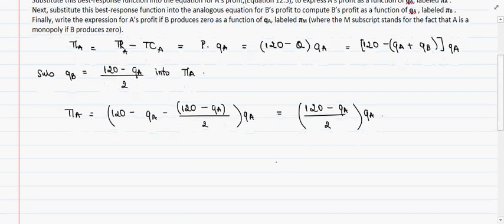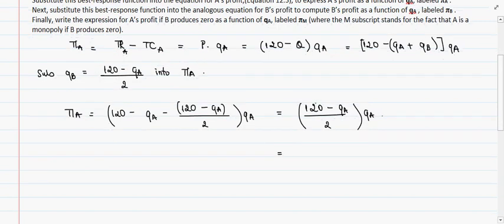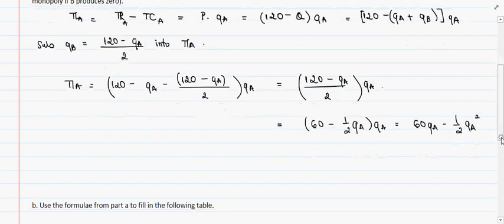If I take 120 divided by 2, I get 60, and this gives me half of QA. Everything times QA, so that is 60 QA minus half of QA squared. That is the profit function for firm A.